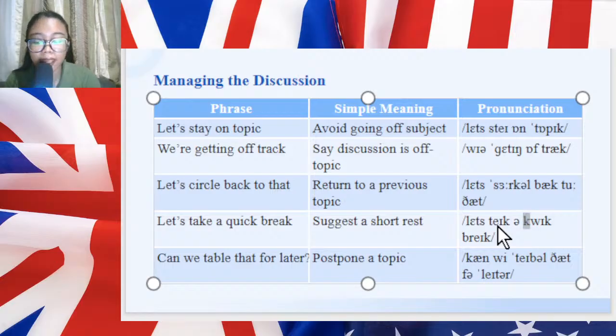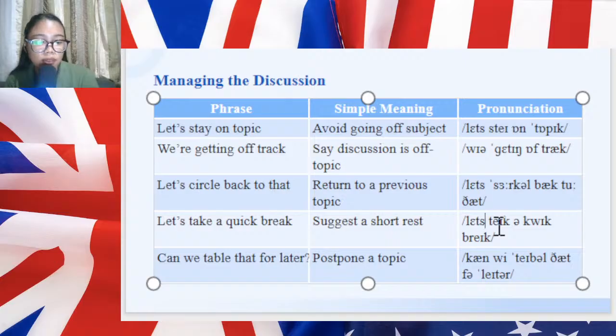Now again, if we try to say the letter Q, it would sound like KW. It would sound like the blended sound of two consonants, KW. Okay, so that is why in the IPA transcription it looks like that. KW, and then there's a short E sound here, and then it ends with a K sound.